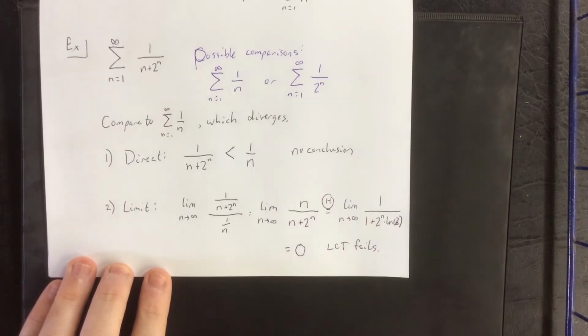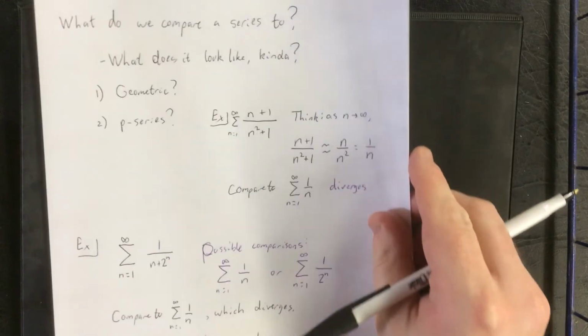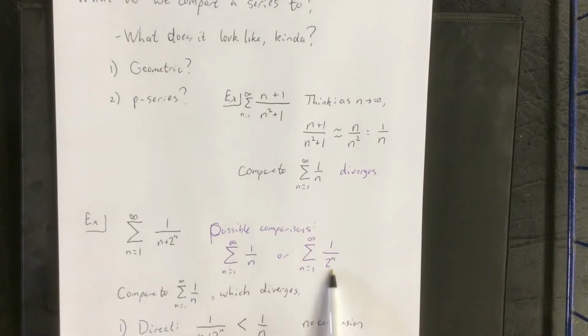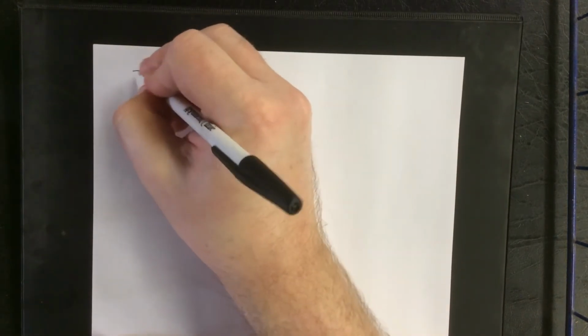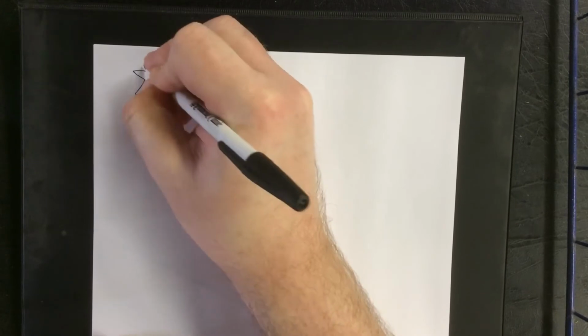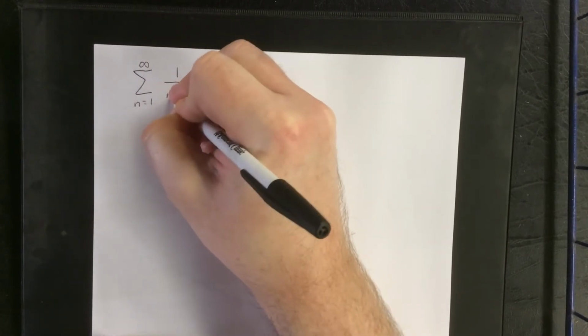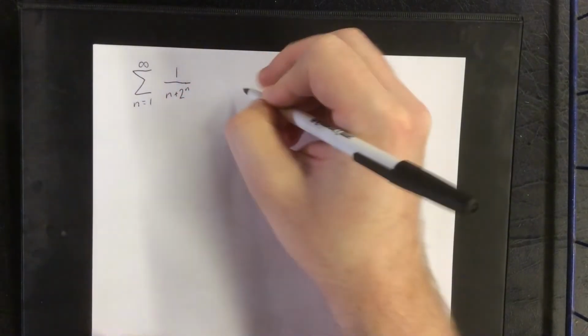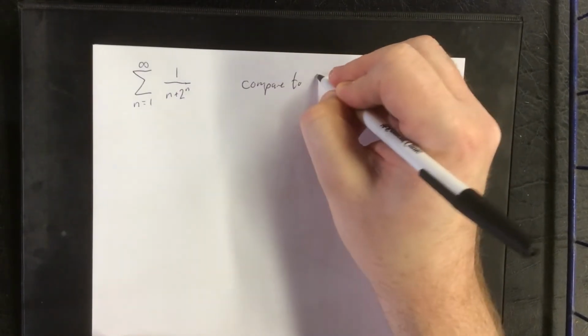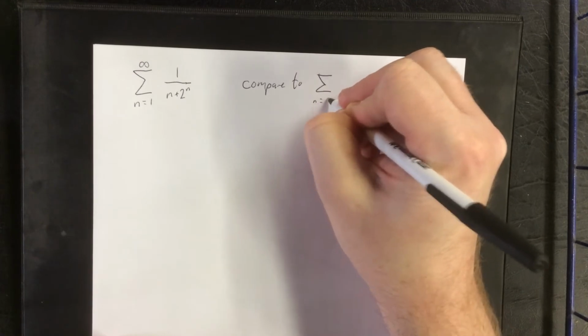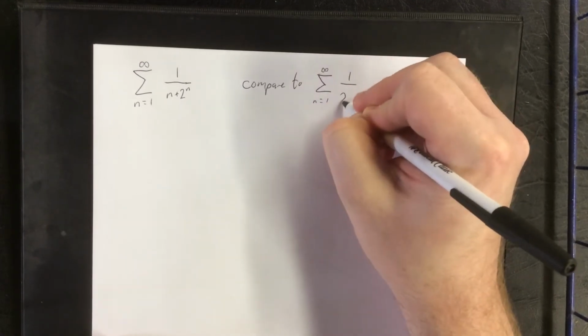Now, in the event that something fails, no big deal. Pick yourself up, brush yourself off, and try something else. We did have something else that we could compare it to, so let's try comparing it to that. I'm going to recopy the original series so that we have it. This time we are going to compare to the sum from n equals 1 to infinity of 1 over 2 to the n.